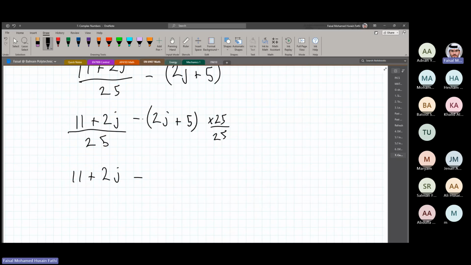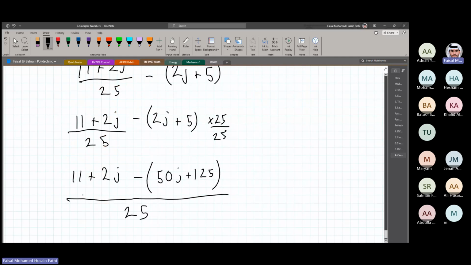Let's leave it like that. Minus 25 times 2j is going to be 50j, and 25 times 5 is 125, right? 125, yes, plus 125, divided by all 25. That's the whole idea. We did this so we can have a common denominator.